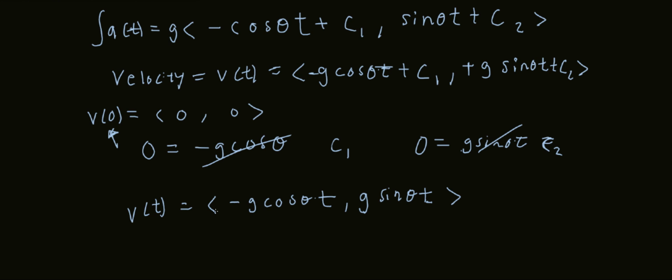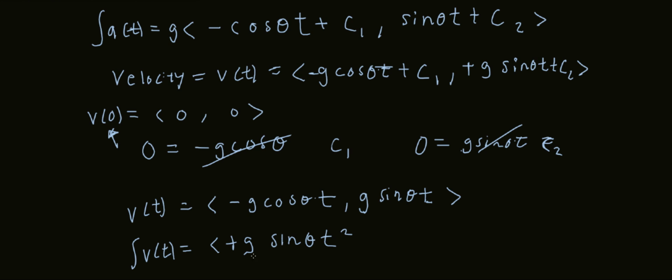So what do we do? Well, we want to find the position. So now we just integrate this again. And what do we get? We get negative g. Well, when we integrate negative cosine, we actually get negative sine, okay?